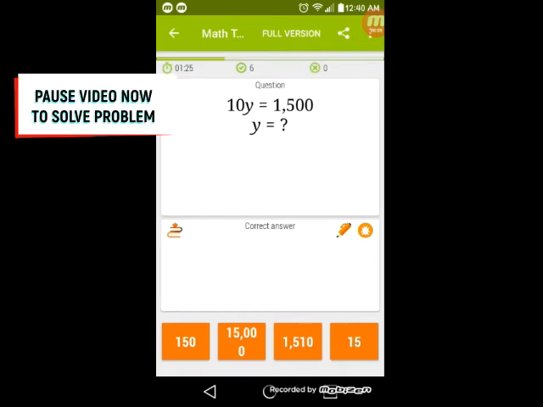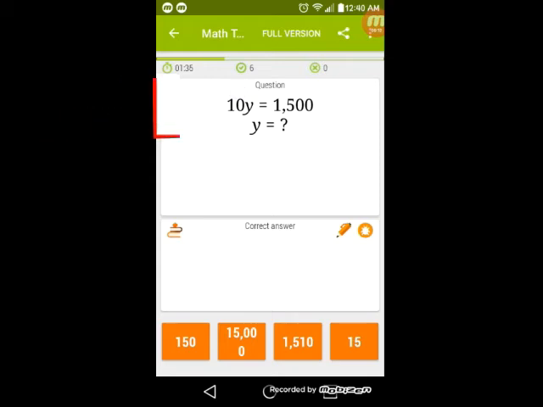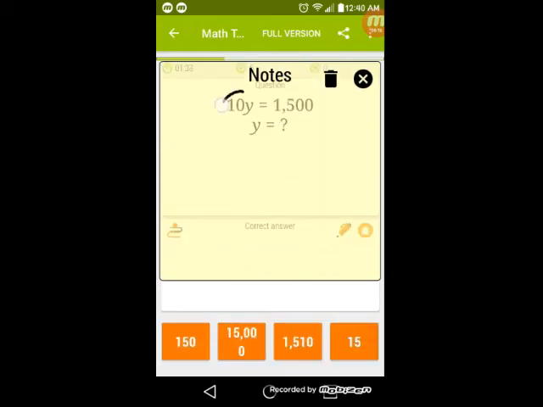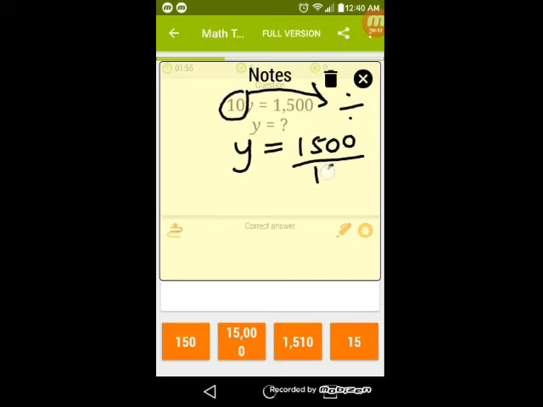Okay, this particular problem, we have 10 times y on one side and 1,500 on the right side. We want to take this 10 right here, take it over to the other side where it will become divide by 10. Okay, so y is equal to 1,500, which is there. Then you're dividing by 10.